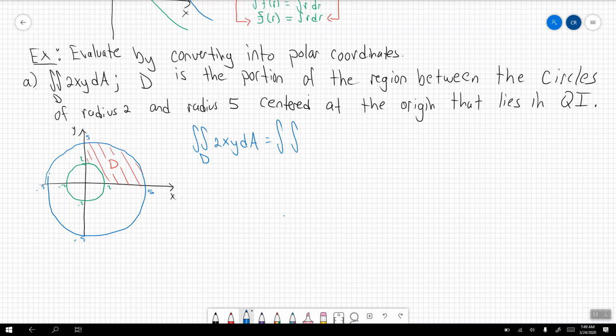The radii that we're going to be sweeping through, I'm going to do this in orange here, is going to be the difference between those two radii. So the difference between those two radii is going to be from 2 to 5. Nice. And that's going to capture every single movement that we make here. Depending on what angle measurement we go through, it's going to give us all of these specific lengths.